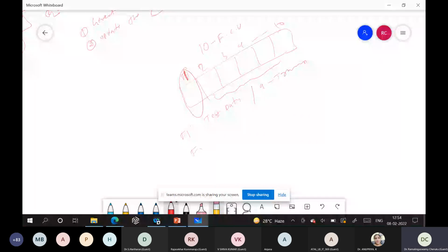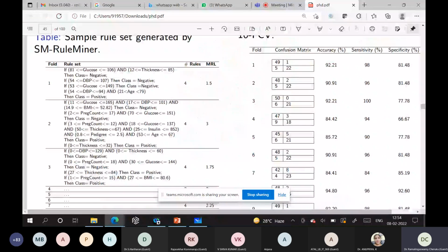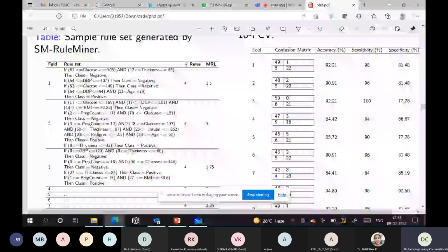In fold 2, the second partition is the test data and the remaining 9 the training data, and so on for fold 3 and fold 4. Like this, you can address the class imbalance problem very effectively by using 10-fold cross validation.